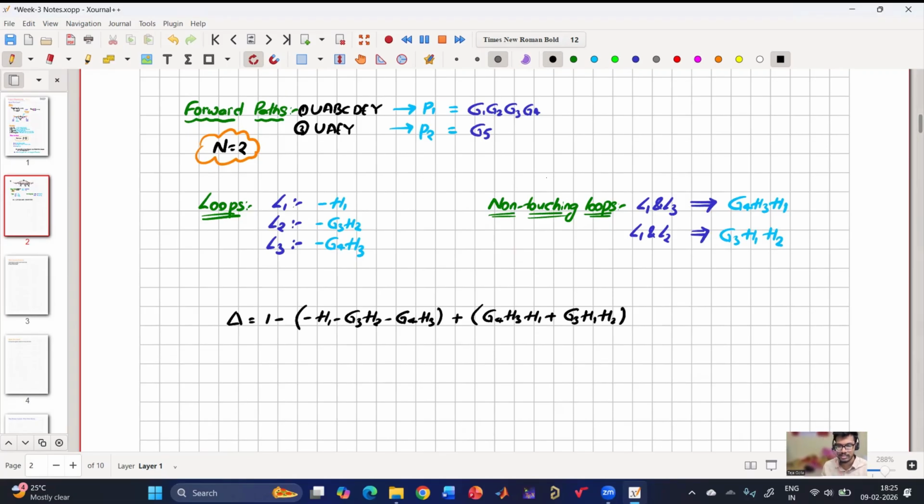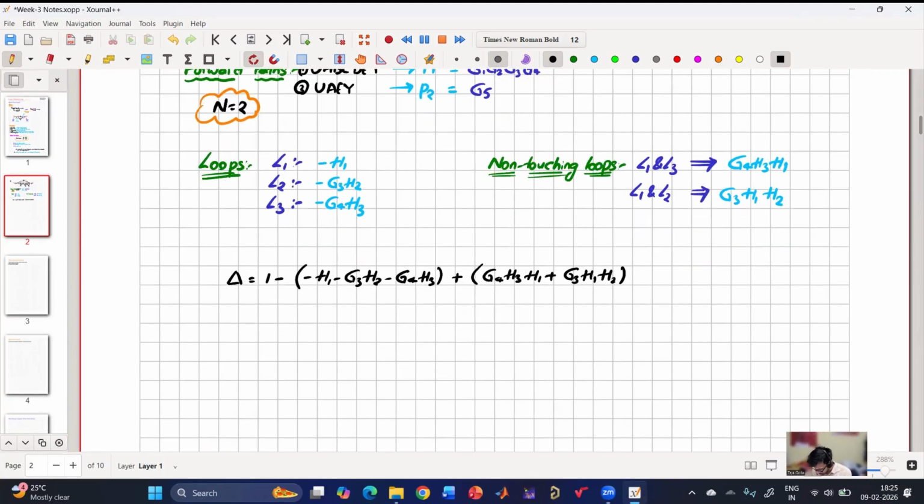After that, we don't have anything. Three non-touching loops do not exist in this problem, so there is no further term. Now let me simplify delta. Delta is 1 plus H1 plus G3H2 plus G4H3 plus G4H3H1 plus G3H1H2.